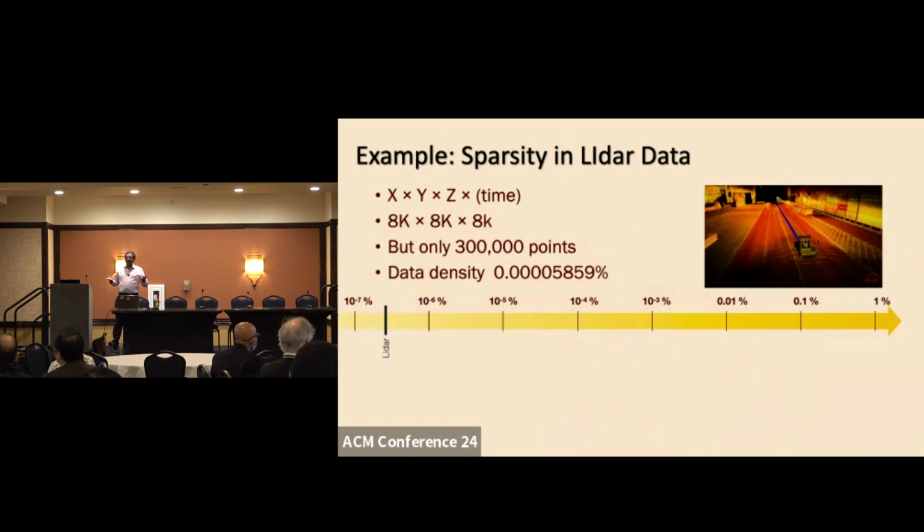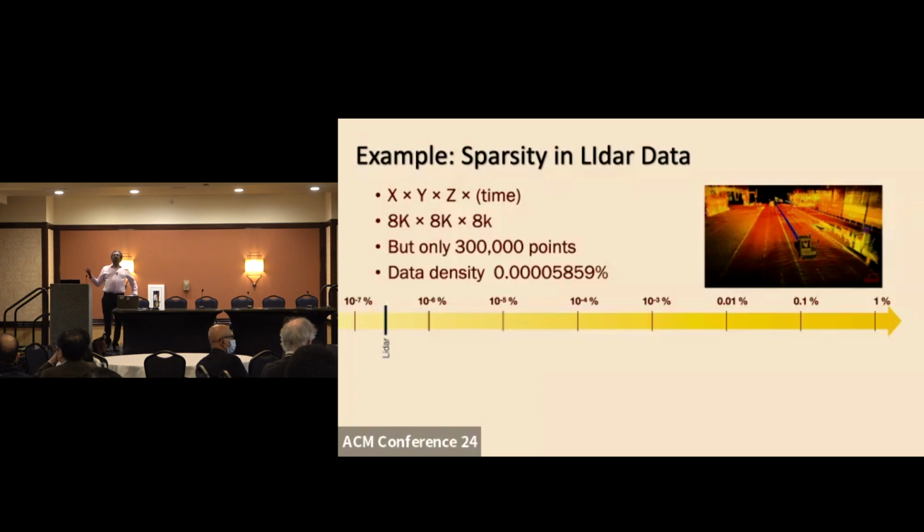A LiDAR application represents a three-dimensional cube of data, but only about 300,000 points in each LiDAR snapshot you get. So the data is extremely sparse. And if you try to put it in a dense matrix, that's not going to work. So these kinds of things you need to represent in a sparse way.